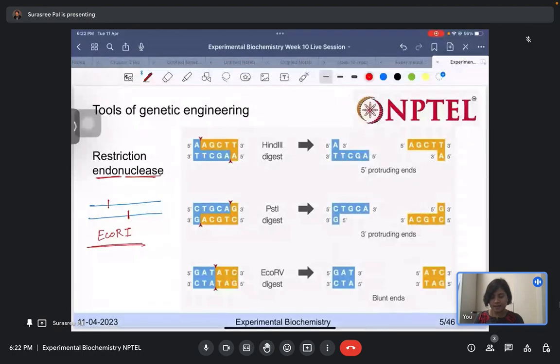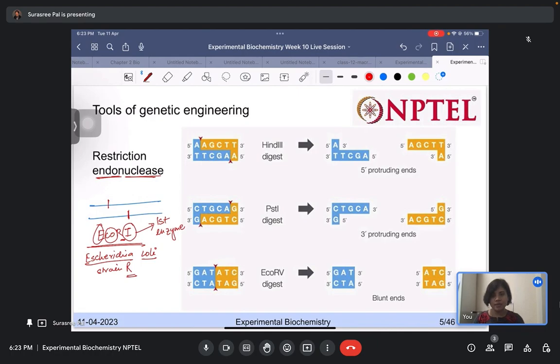EcoR1 has received its name from the bacterium Escherichia coli, strain R. So E stands for Escherichia, Co stands for coli, R stands for the strain R, and the I in EcoR1 stands for the first enzyme that was isolated from E. coli, right?